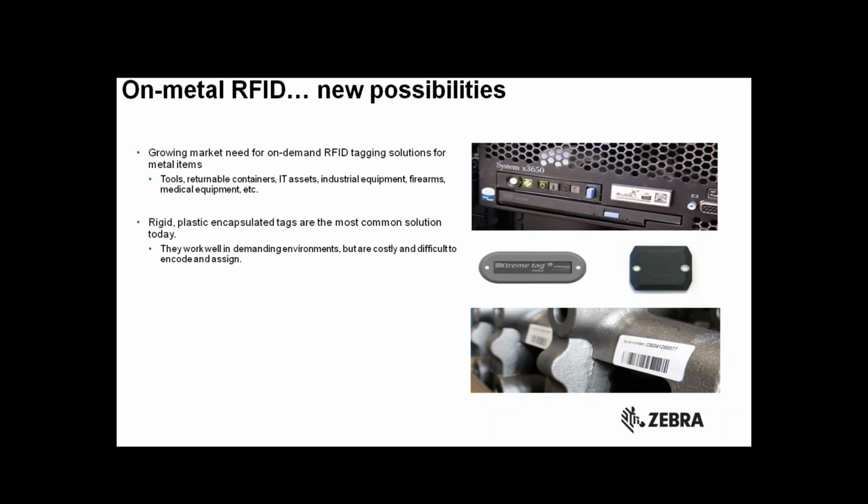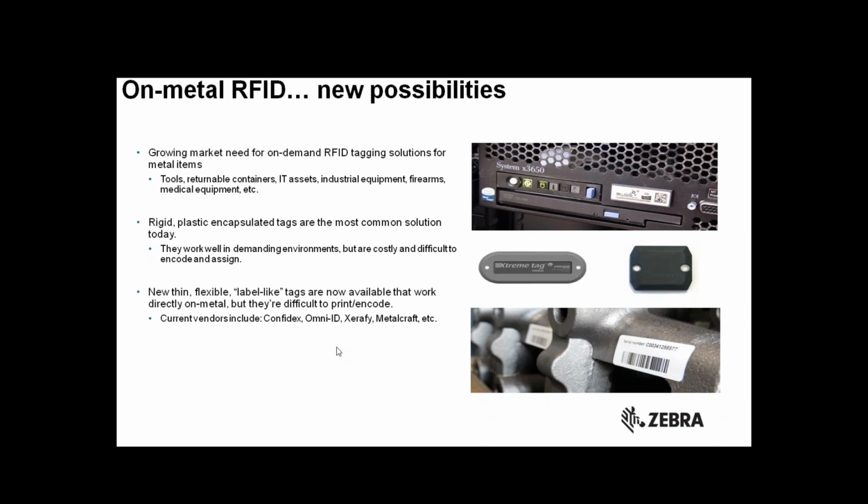As an example, we had one particular customer who was looking to put RFID tags on surgical instruments, so before they go into the operation theater, they can calculate what was there and do an inventory afterward. So we see that demand for small metal tags.